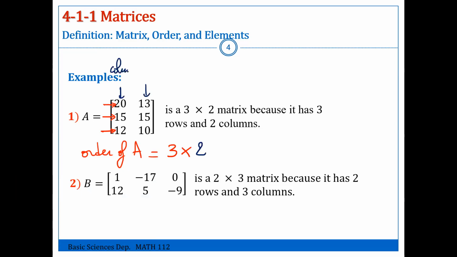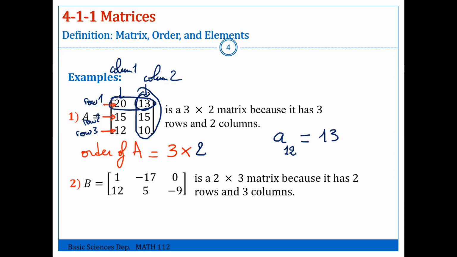This is column 1, this is column 2. This is row 1, row 2, row 3. So the order of A is 3 by 2. What about the elements? What is the element A12? 13. The element A12 is 13. This means it is in the first row and the second column.